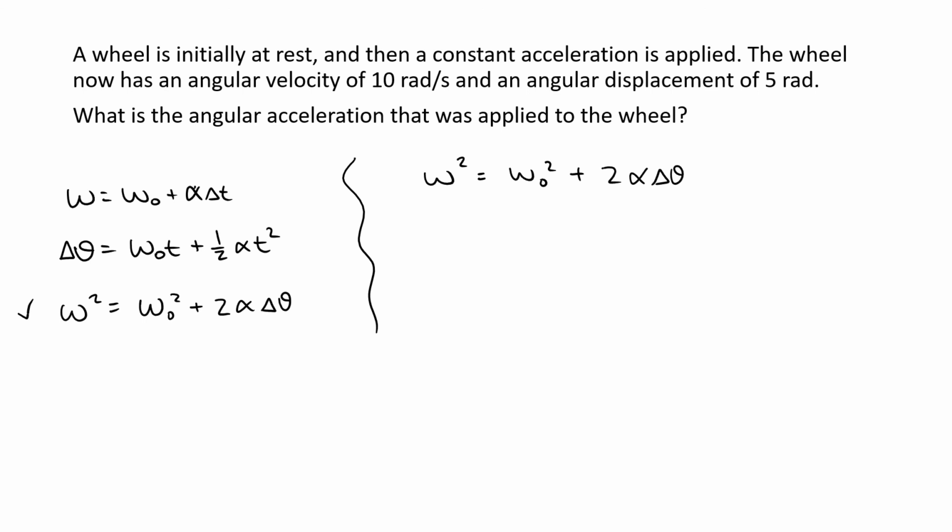Okay. So what is the initial angular velocity? It says initially at rest, so that always means 0. So it was just sitting there, not moving. We're going to call that the zero displacement. That's the origin. It's also zero velocity.